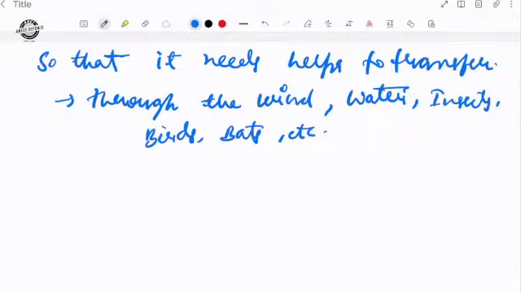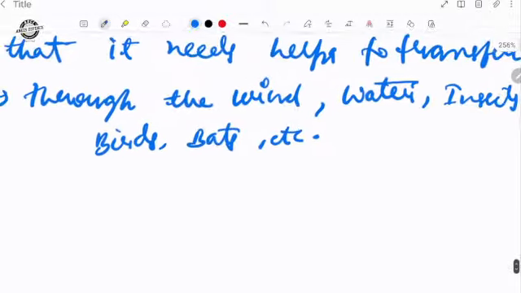There are also many species of plants that flower inside the water, where there is no need of wind to transfer the pollen grains from the anther to the stigma, so water acts as the medium to transfer the pollen grains to reach the stigma of the female part of that flower. Understood?